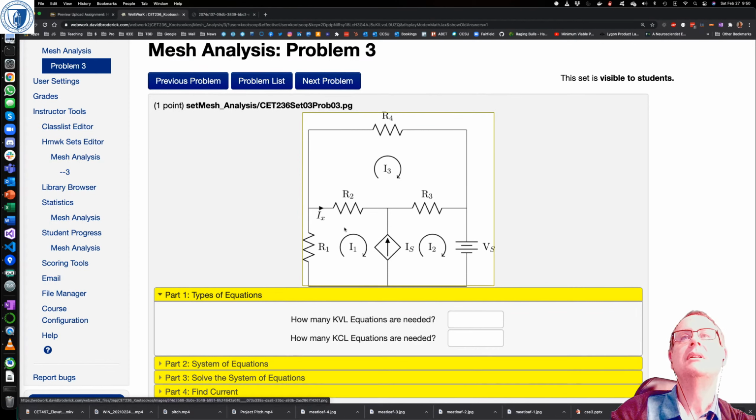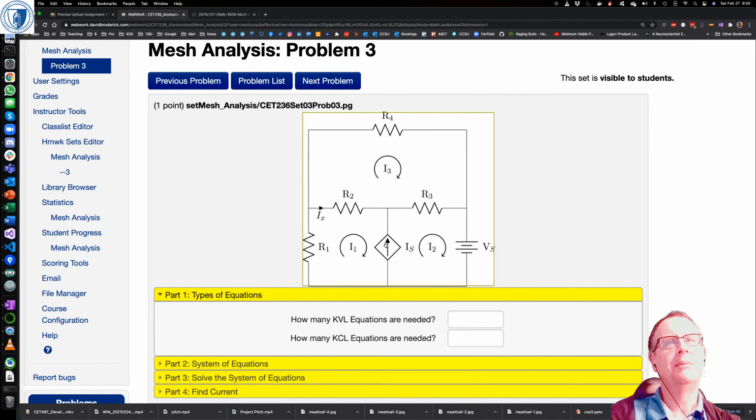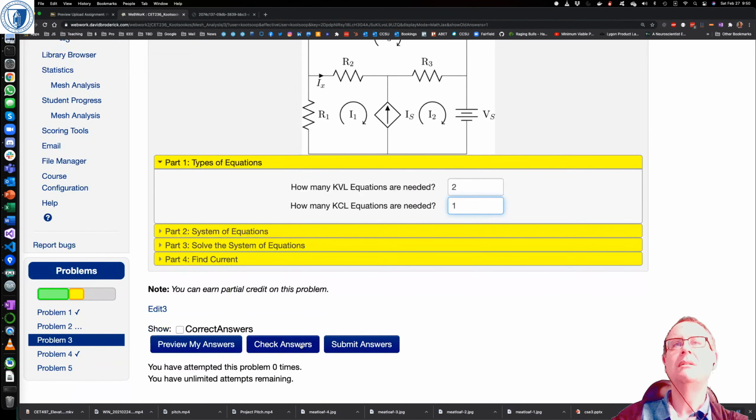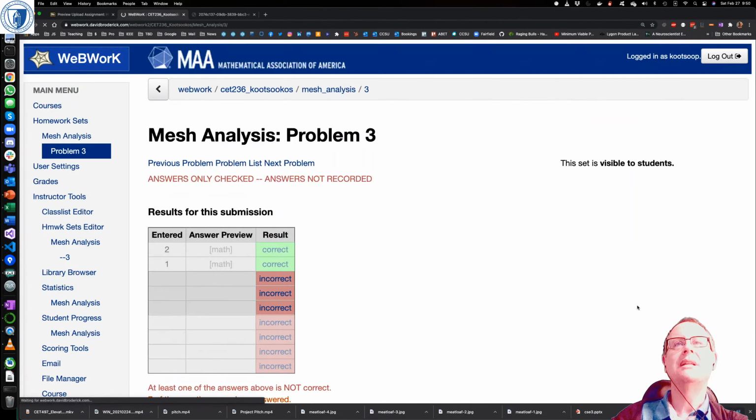Because we've got I1 going that way and I2 going that way, and because of the direction, I2 is going in the same direction as Is, and I1 is going in the opposite direction, so I1 is negated. So I think, let's just check, the answer for this one is probably that.